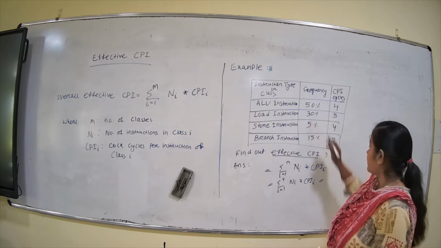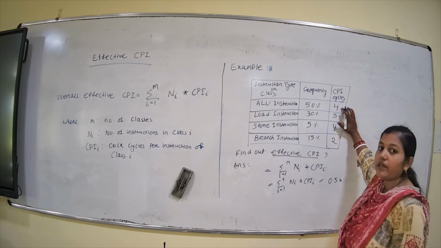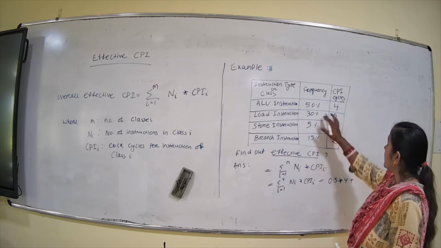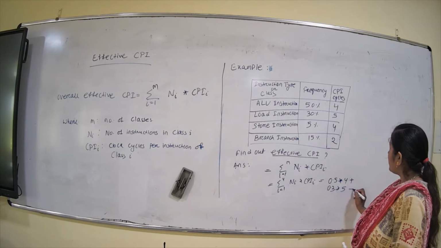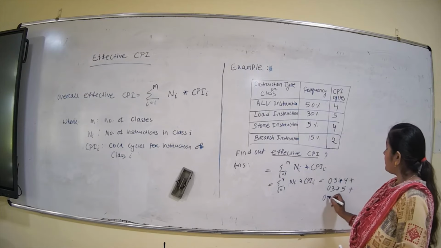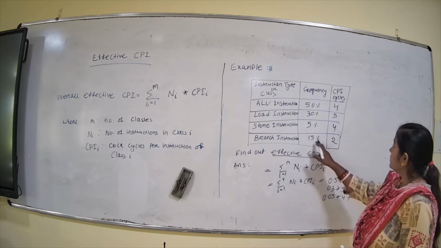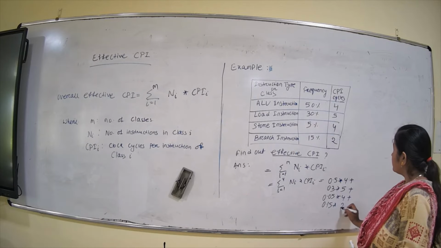The frequency is 50%, so 0.5 into 4, plus 30%, 0.3 into 5, plus 0.05 into 4, plus 0.15 into 2.